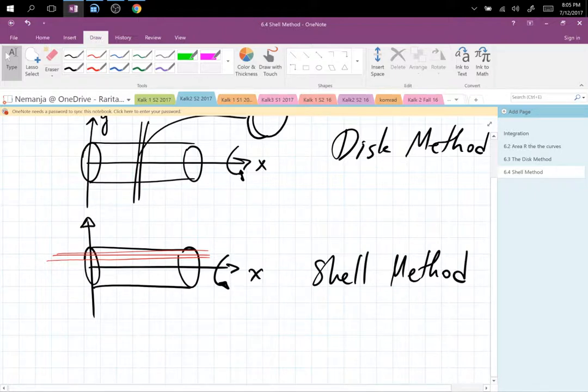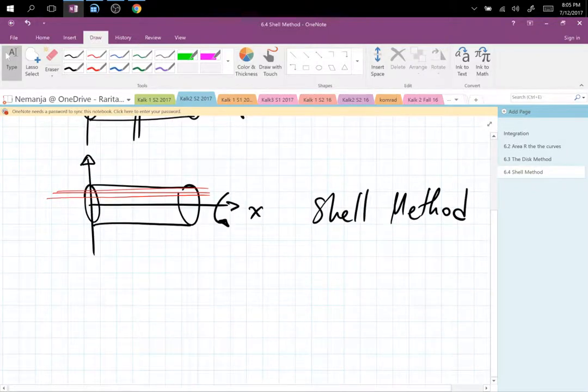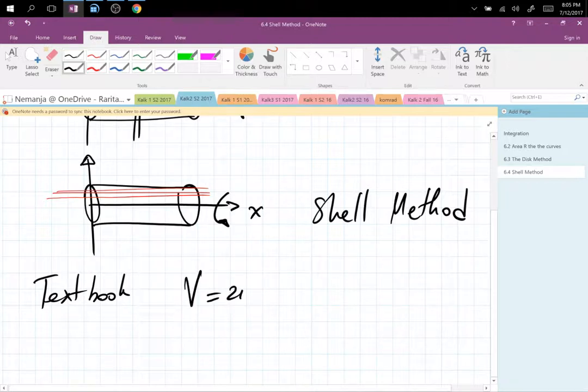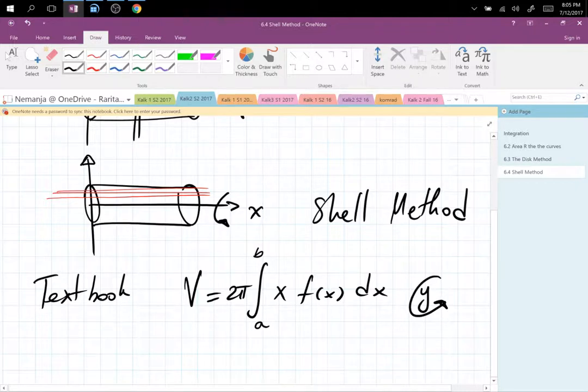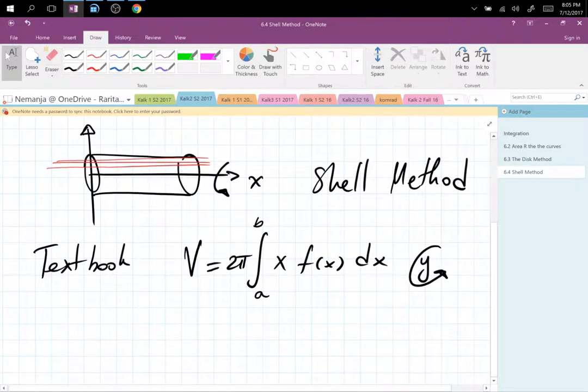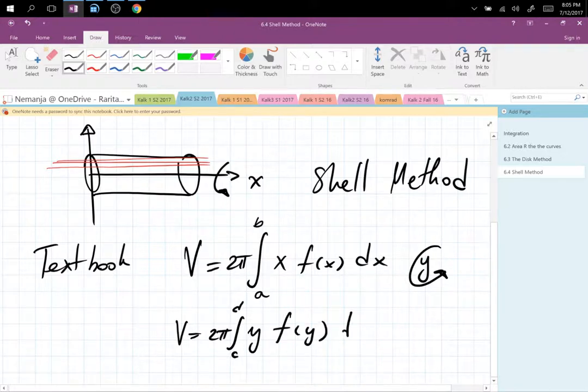So the formula in the textbook says that the volume is 2 pi integral a to b of x f of x dx for rotation on y. And it's 2 pi integral c to d of y f of y dy for rotation on x.